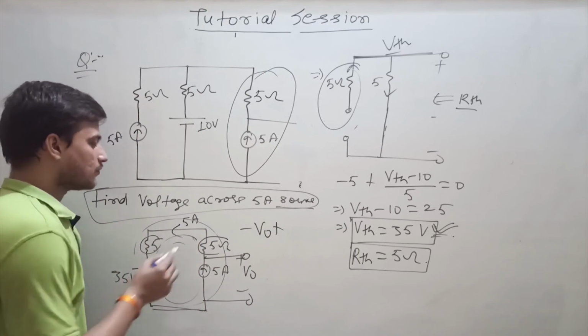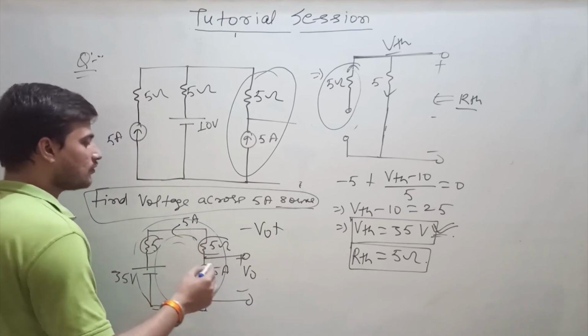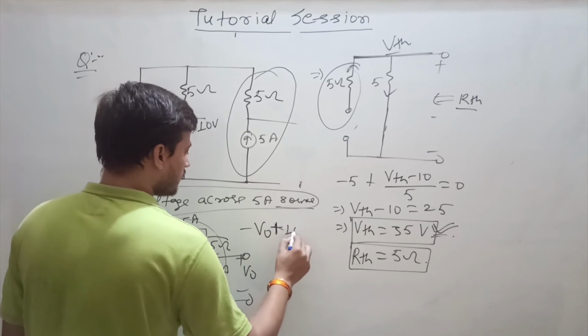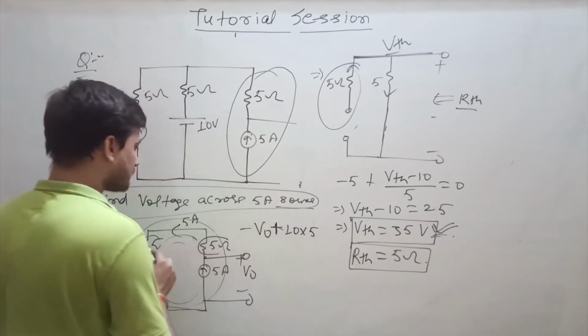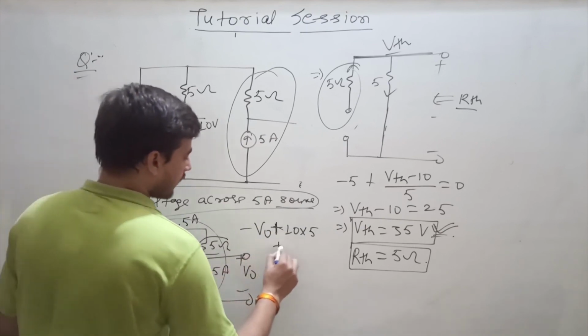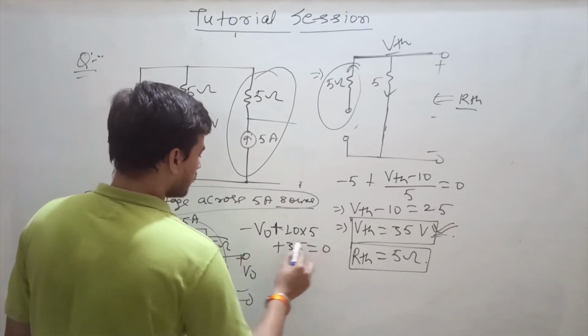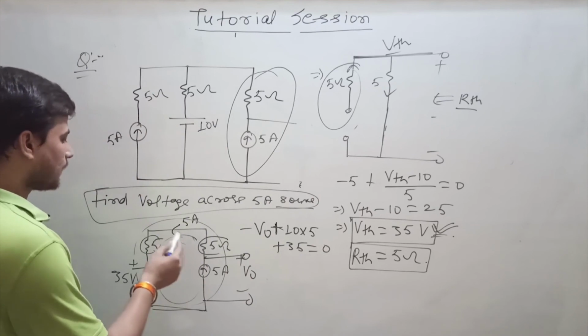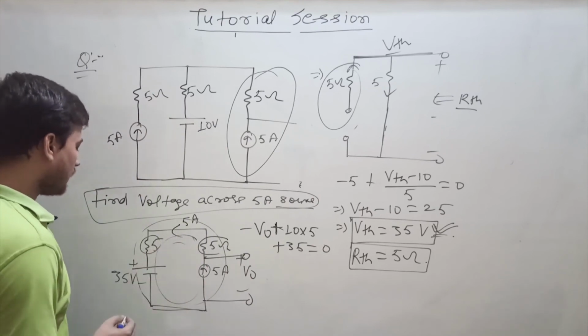So potential drop across this will be plus 10 into 5, plus this is 35, will be equal to 0.